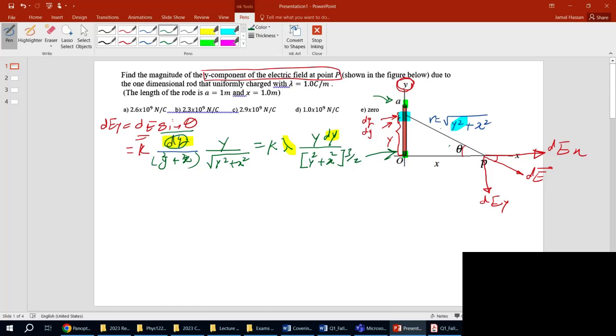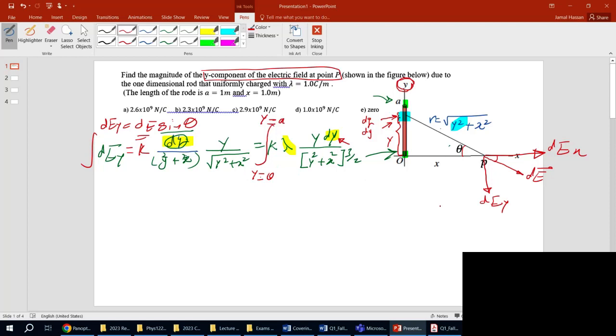Now the question asks for the electric field y component, so we need to do integration. Remember, this is dEy. Let's integrate both sides. It's obvious the integration is in terms of dy, and we know that y starts from 0 and ends at a.